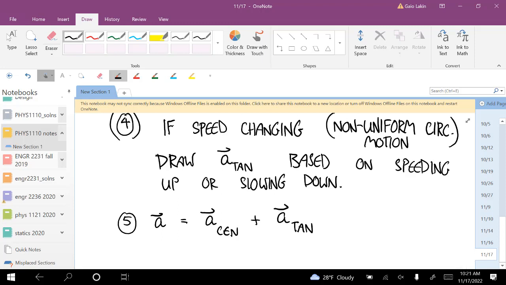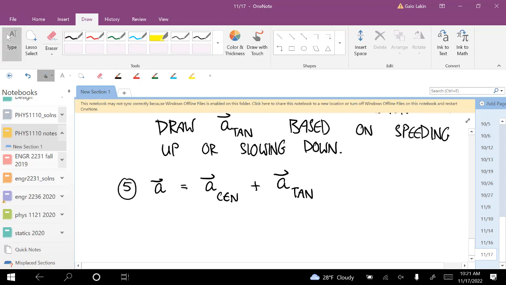You might know these as numbers. You might still have variables mixed in that you'll have to solve later. But at this point, you have an expression for the total acceleration vector. And then the last steps are draw a free body diagram and use Newton's second law.